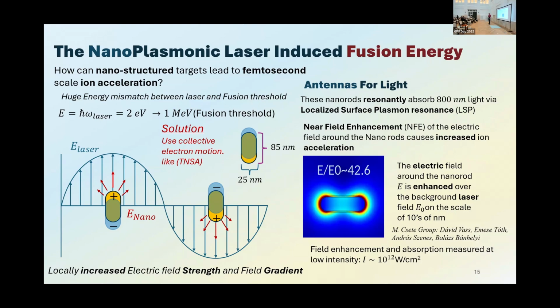This resonant absorbance of light causes a huge increase in the electromagnetic fields around these nanorods. So the factor of 42 mentioned here is actually how much stronger the electric field around the nanorod is in comparison to the laser field. So you get a huge increase in the electric field around these tiny nanorods.